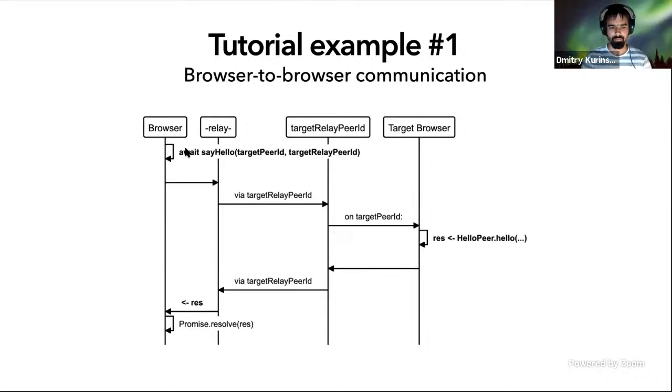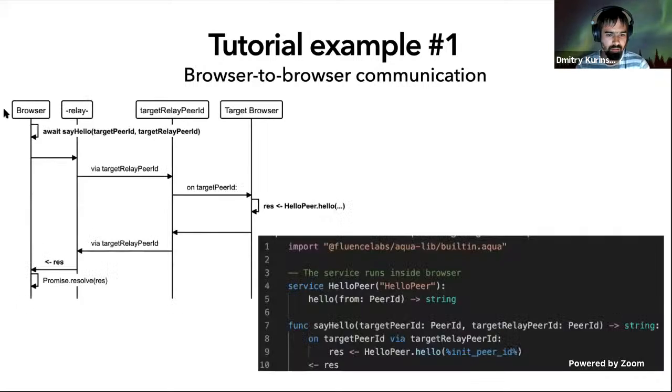And here's the flow. I want to call the function that goes to my relay, to the node that I'm connected to, then to another one, then to another browser, call some function there, and then get back to me with a response. That's how it could be expressed in Aqua.